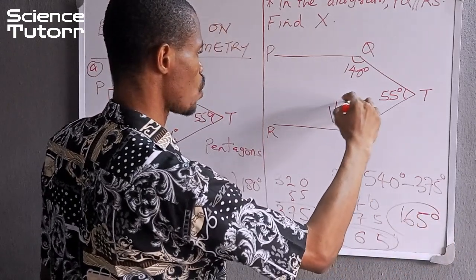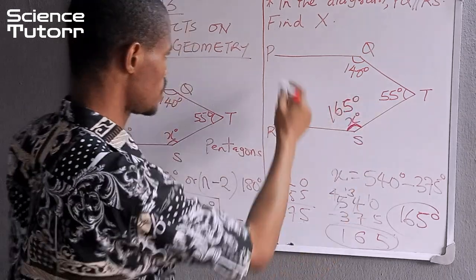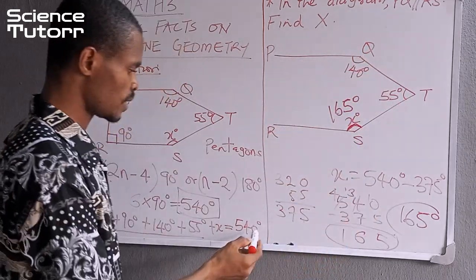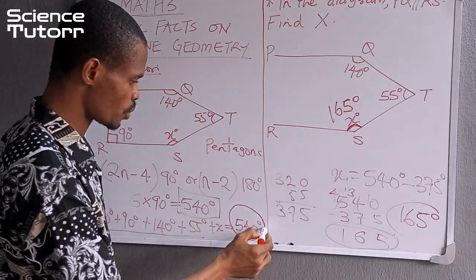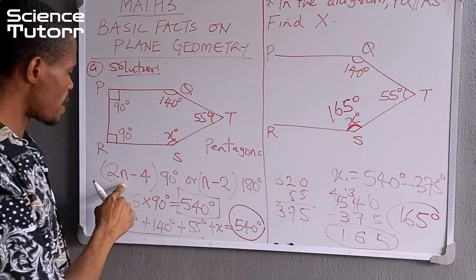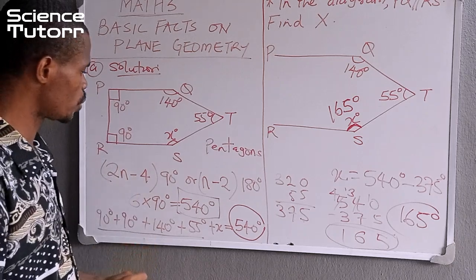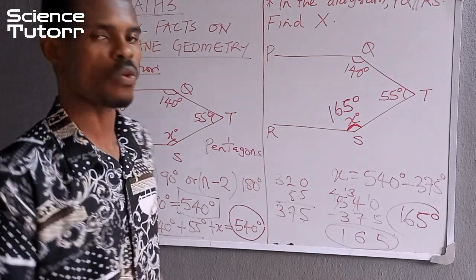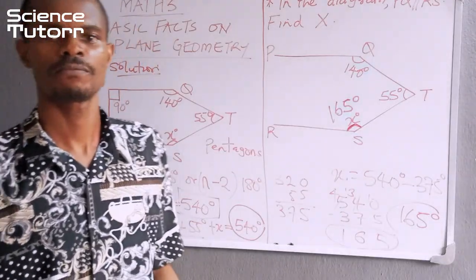So X is 165 degrees. When you add all the angles together, you realize that it is equal to 540, which indicates the sum of the angles of a 5-sided polygon, which we call a pentagon. So X is 165 degrees.